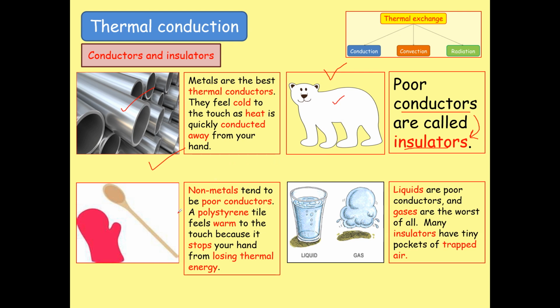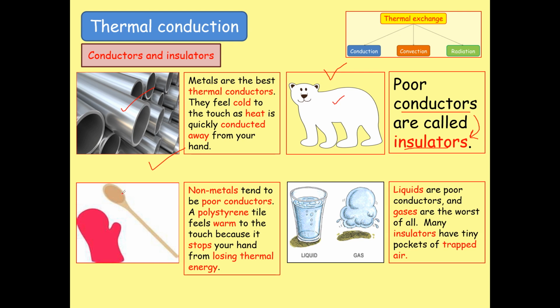Moving on, we have a few other examples. As I said, metals are the best conductors of heat energy, right? So consequently, we can say that non-metals tend to be better at being insulators. They're poor conductors. If we have a polystyrene cup and we hold it, we do not feel that our hand is getting colder, because it is preventing the heat from our hand from going into the environment, right?